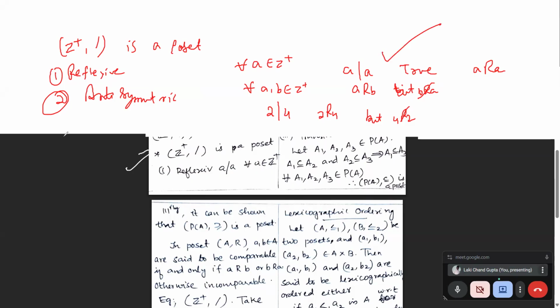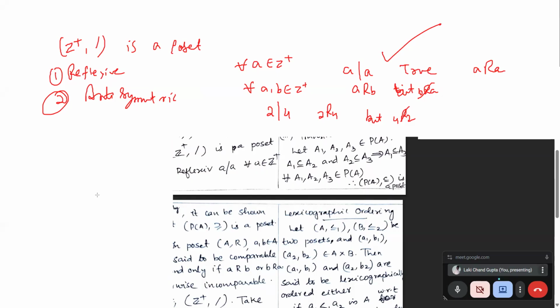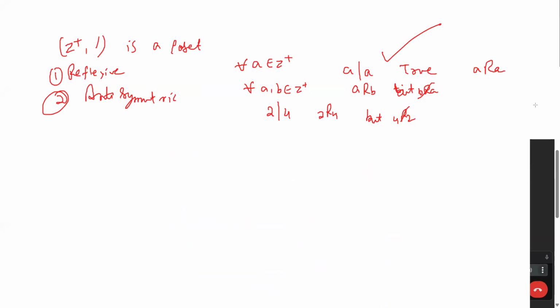Okay. Yes. And for transitive, 2 divides 4, 4 divides 8. Then 2 divides 8, right?